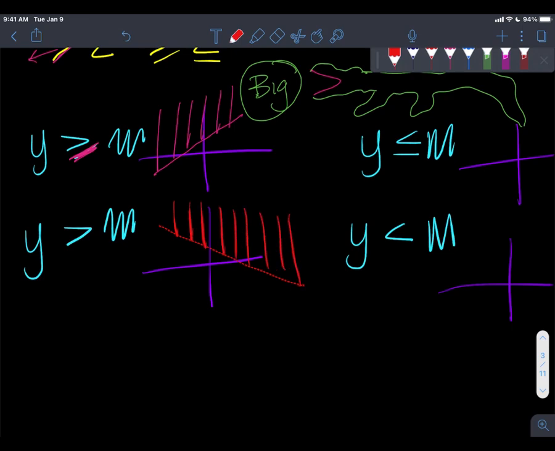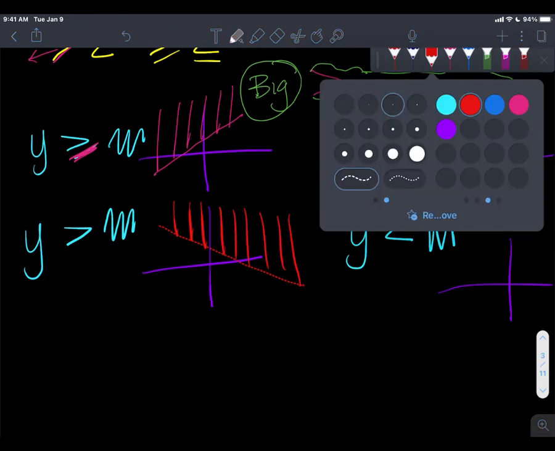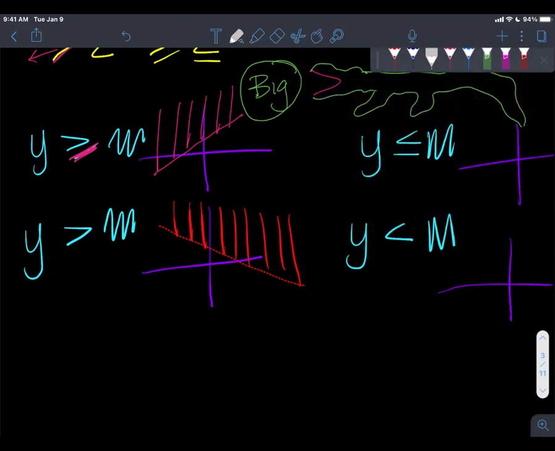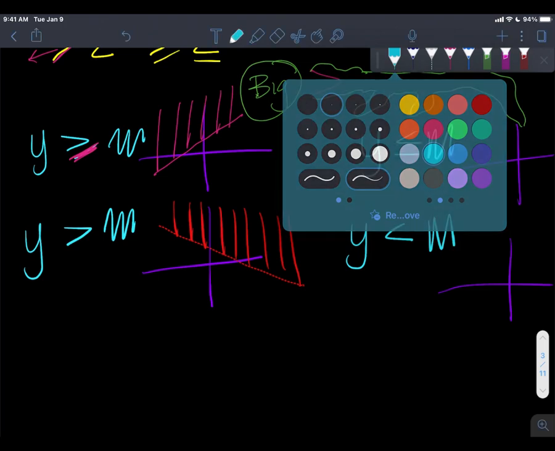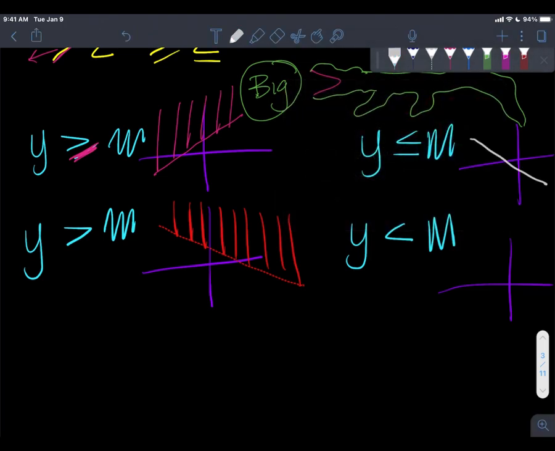Next one, extra line means solid. And I see it's y smaller than, because it's opening towards the equation, so shade under, down.